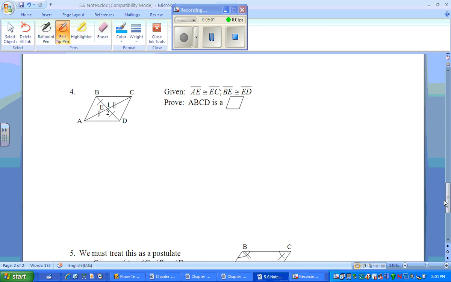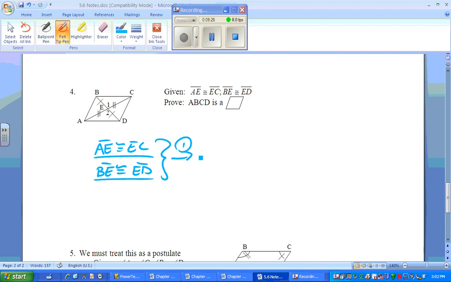4, which is the most least used, to be honest, the diagonals bisecting. You can see that once again we were given that both sets of opposite sides end up being diagonals bisecting each other. So we can go right into what we need to find, giving us ABCD is a parallelogram.